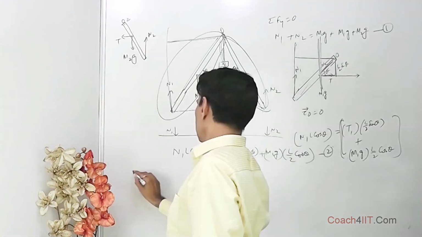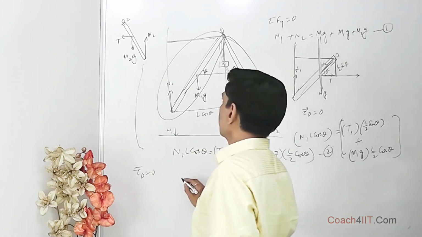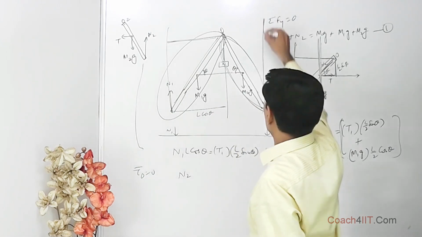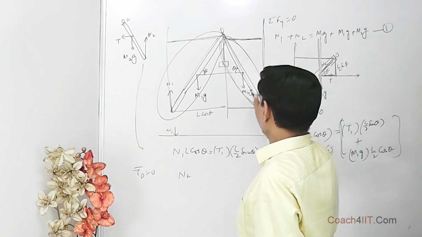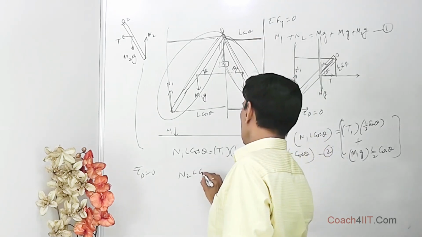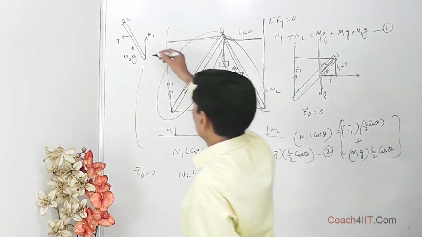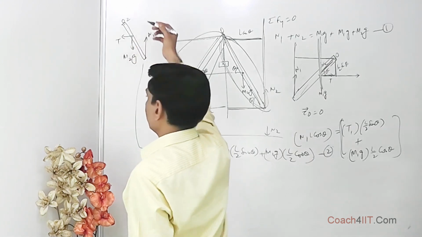So the equation for this, net torque about O is equal to 0. So it is going to be N2, N2 is here, this line of force, and this distance, this is L. So this is theta, so this is L cos theta. So N2 into L cos theta is, now we have two forces, one is M2G, the other is T, which are trying to rotate it this way.